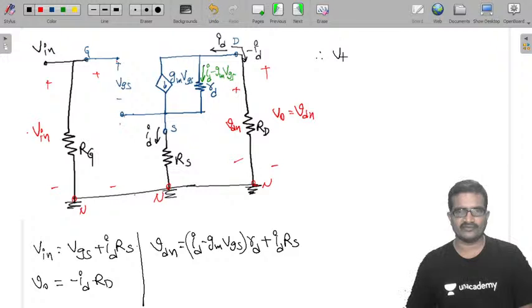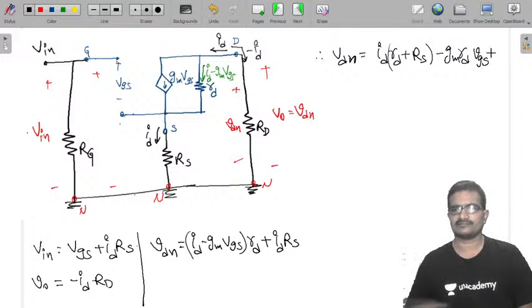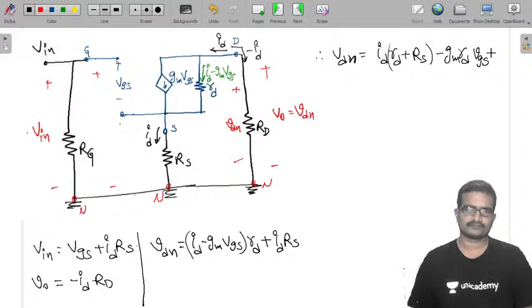Just simplify this. VDN is ID into (rd plus RS) minus gm into rd into VGS. Now you are saying this is VDN, and I am going to equate this with minus ID RD, which equals minus ID into capital RD.